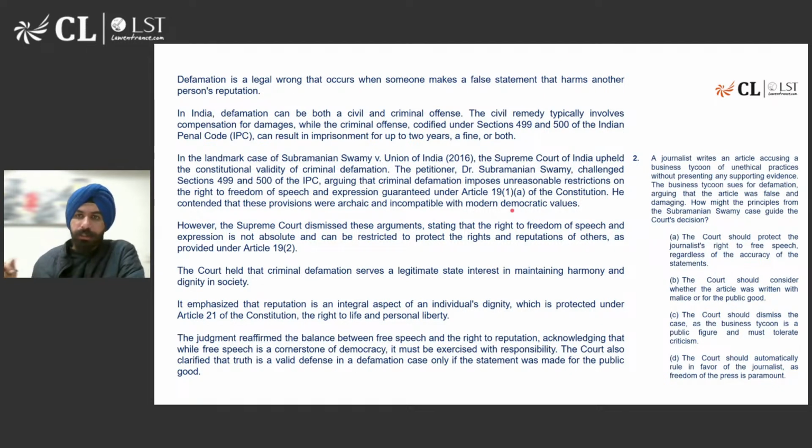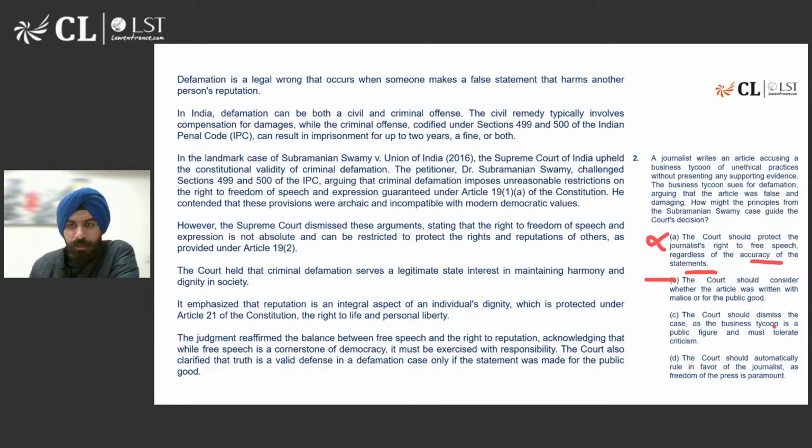Let's check. A journalist writes an article accusing a business tycoon of unethical practices without presenting any supporting evidence. The business tycoon sues for defamation, arguing that the article was false and damaging. How might the principles from the case guide the court's decision? Should protect the journalist's right to free speech regardless of the accuracy of the statement? No. You have to check for defamation. Should consider whether the article was written with malice or for public good.